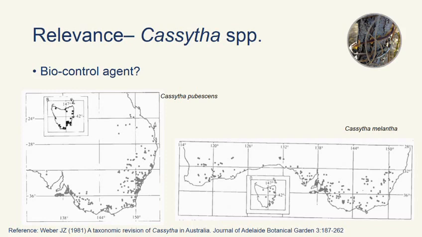And I've shown the geographic distribution from this paper, and you can see the distribution of the species investigated on this figure, which is more spread towards the west. So if this shows to be a good biocontrol agent, then perhaps the species I've been investigating can be used in other areas of South Australia and perhaps in Western Australia as well.